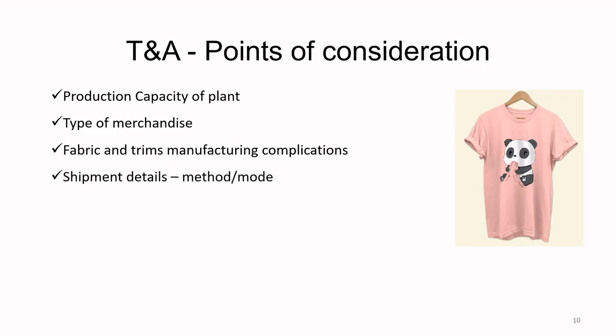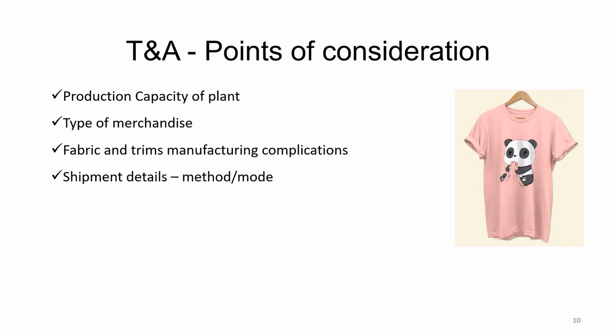The next consideration is shipment details, whether the shipment has to be sent by sea or by air. That is the mode, the shipment mode. Method can be, it will be flat packed and put inside the carton and then sent, or it will be in the poly bag along with a hanger and it will be sent through the container.